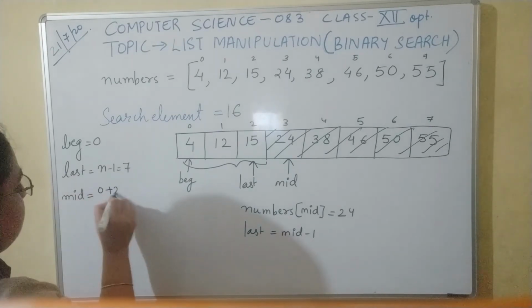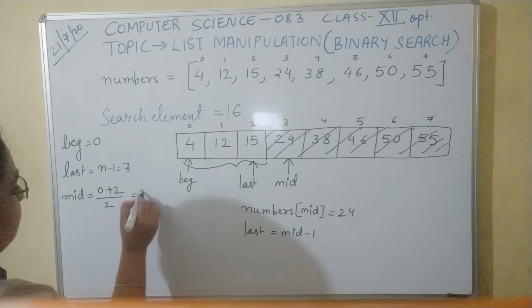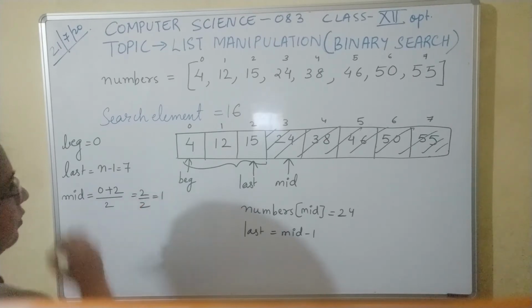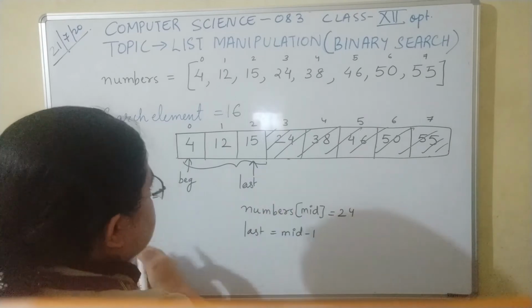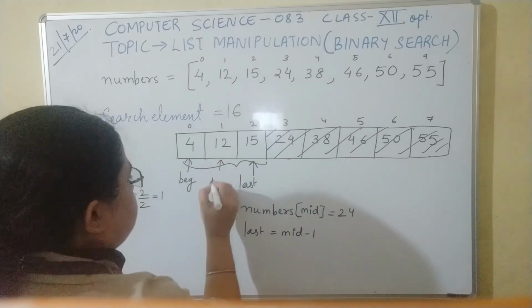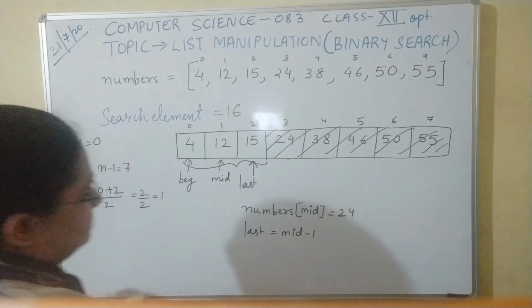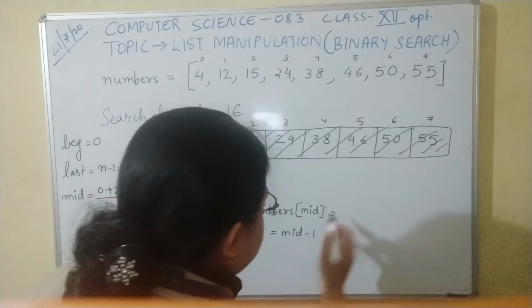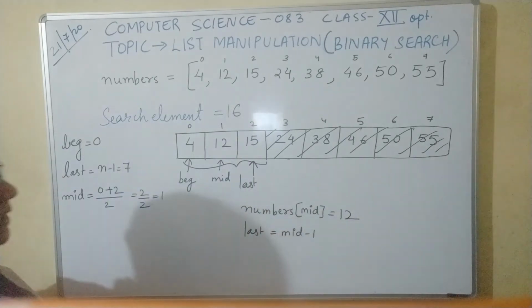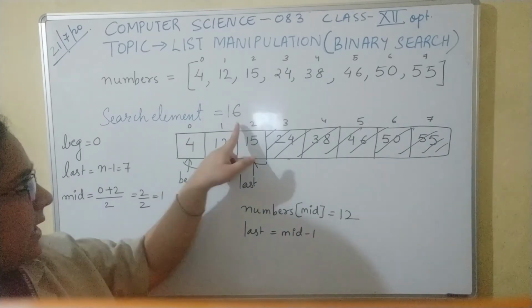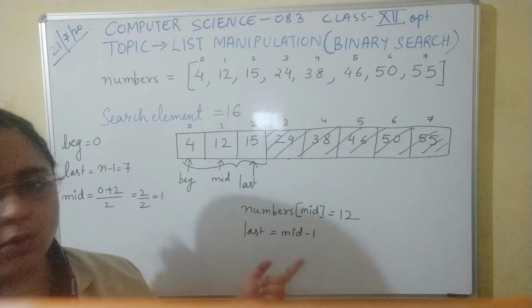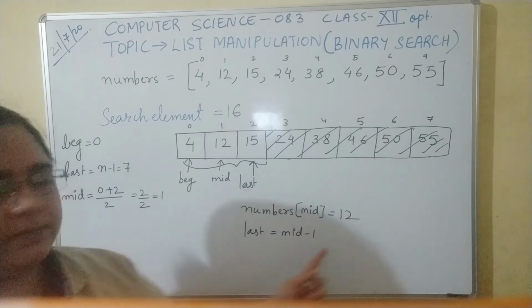0 plus 2 divided by 2, that is equal to 1. So now our new mid is this, 12. It is 12. So is search element 16 equal to 12? Answer is no. Is 16 less than 12? No. Is 16 greater than 12? Yes.